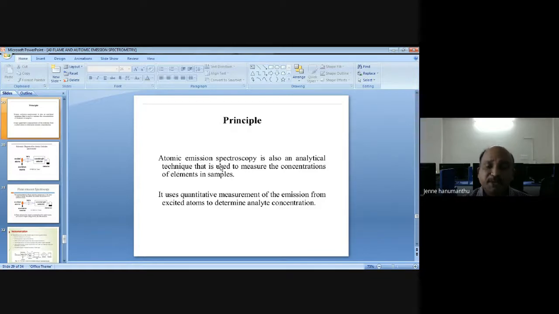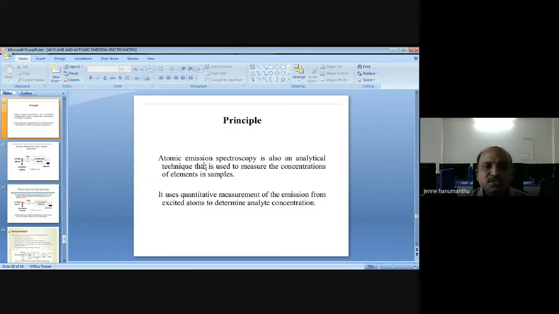Atomic emission spectroscopy. What is emission? You know absorption: when the light is passing through the solution, that light is absorbed. But what is emission? We are not giving any light as input here, but we are indirectly giving some flame, plasma, or any arc, isn't it? So like this, we have to give some input to the solution or any elements contained in the sample. So what happens? Based upon these inputs, it accepts the external energy.